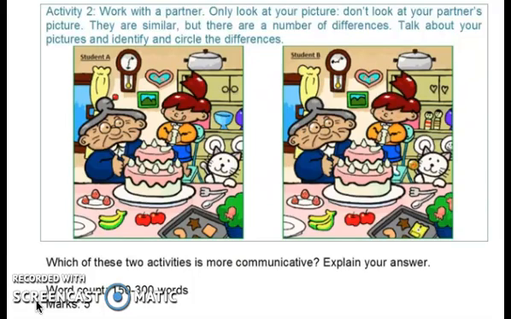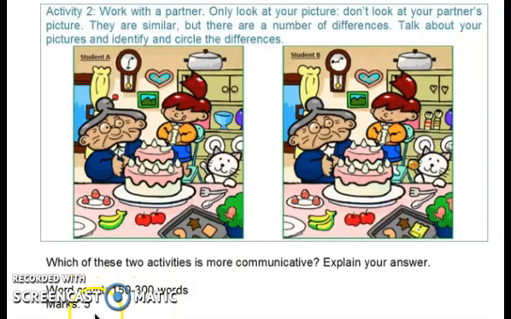So once you have read the course notes that we gave you, as well as all of the additional readings that were uploaded in the folder, you need to think about the background information that you now have and decide which of these two activities, is it activity 1 or activity 2, is more communicative, and then give a reason for your answer. Your response should be 150 to 300 words.